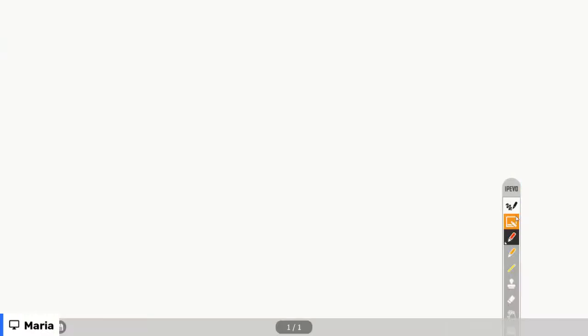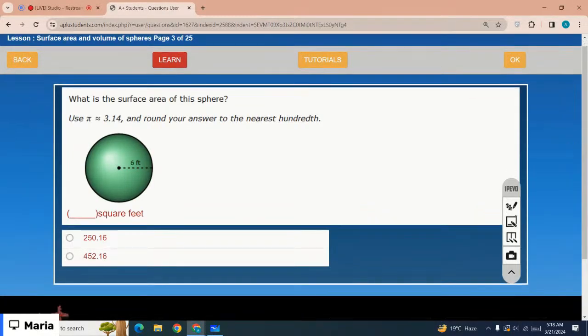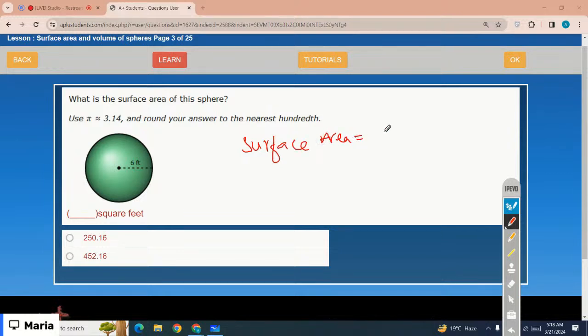Okay, so you can calculate the surface area using the formula, that is 4 pi r square, right?